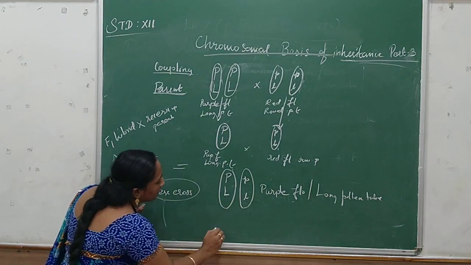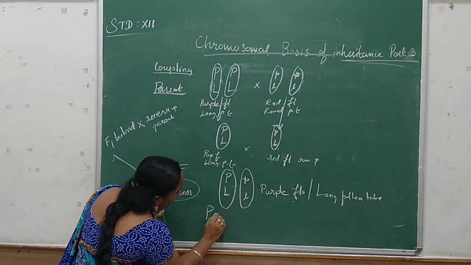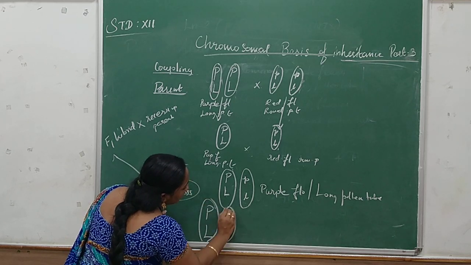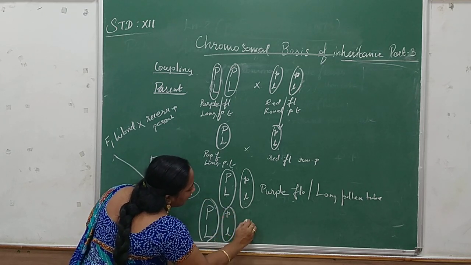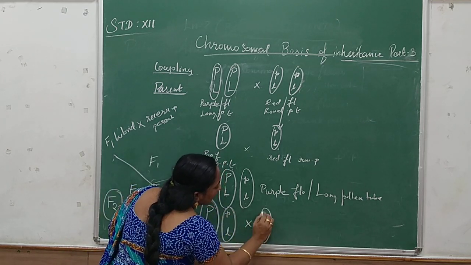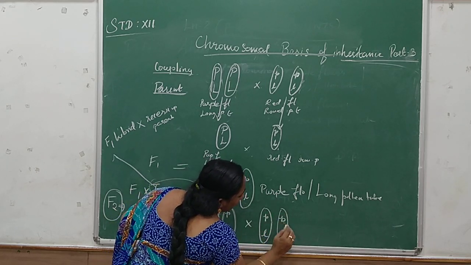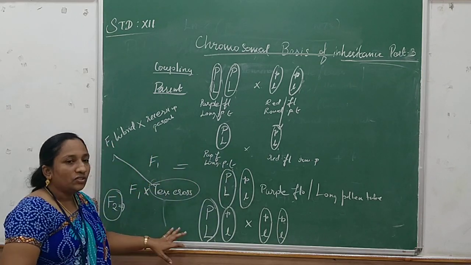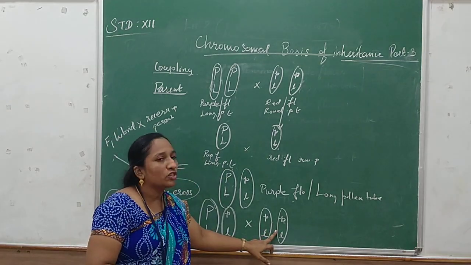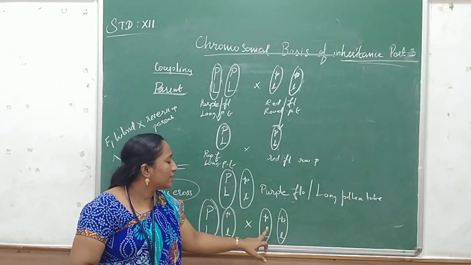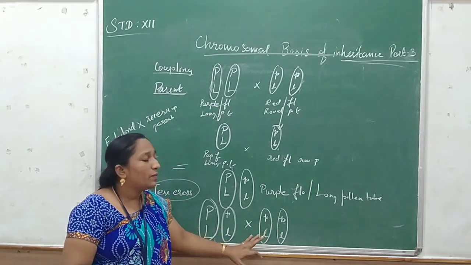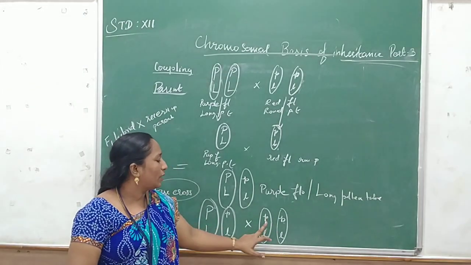The F1 is capital P, capital L, small p, small l. Against it, both gametes of the recessive parent are similar, so we will get one possibility gamete, small p and small l.